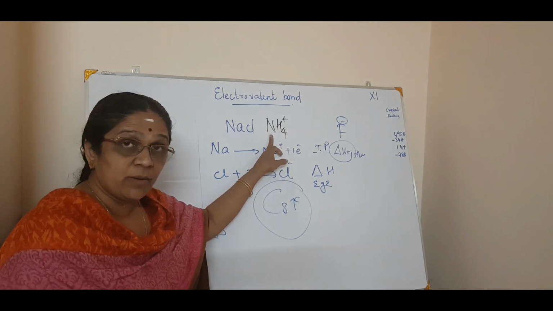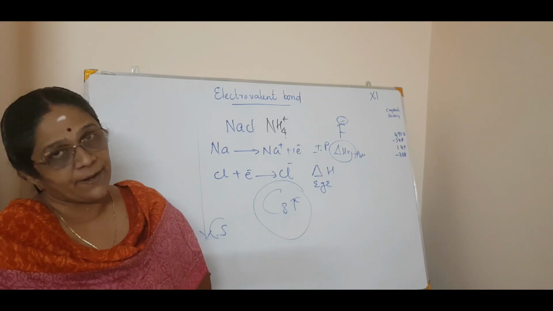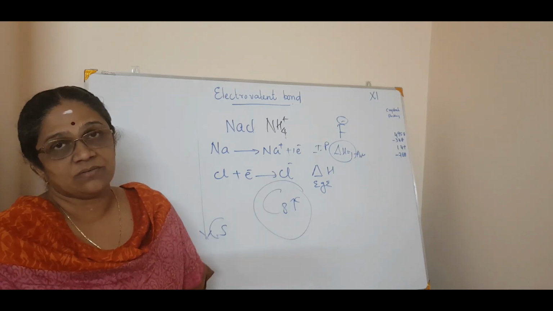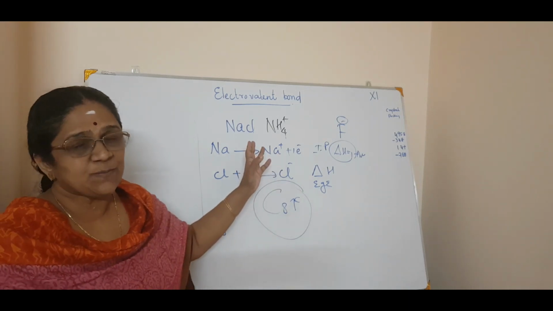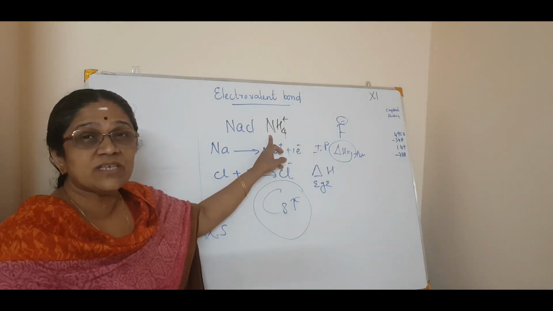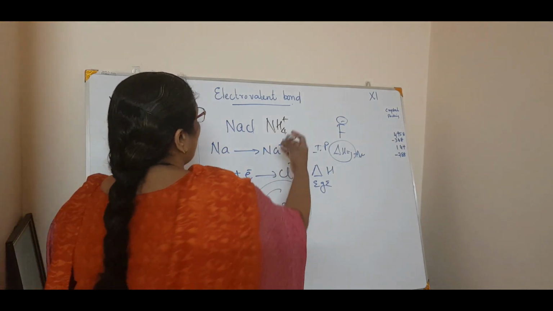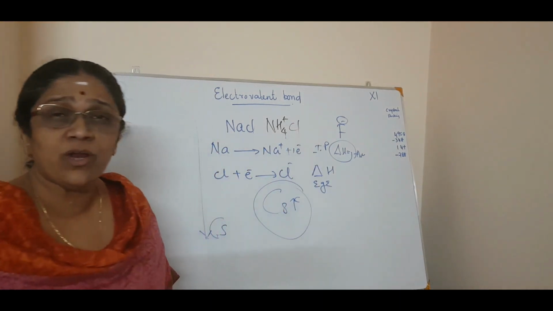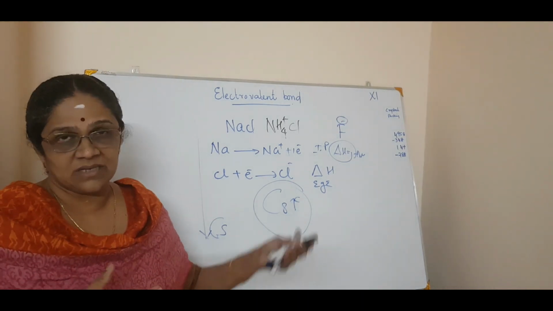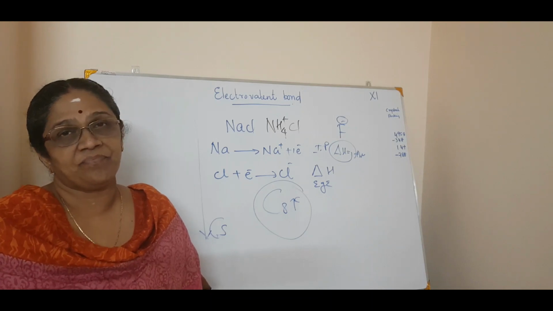The nitrogen is a non-metal as well as hydrogen is a non-metal. So these two non-metals form a cation. This is just a small exception, and many ionic compounds are formed by it, like ammonium chloride, ammonium sulfate, ammonium carbonate. So ammonium is an exception in which the cation is not a metal.